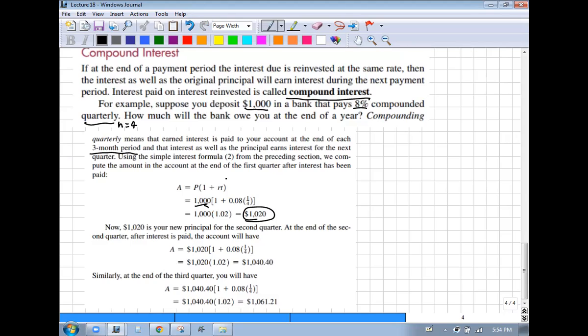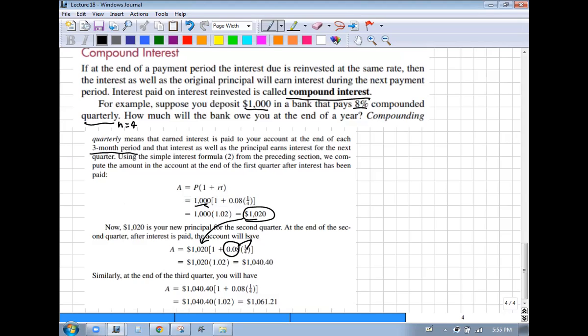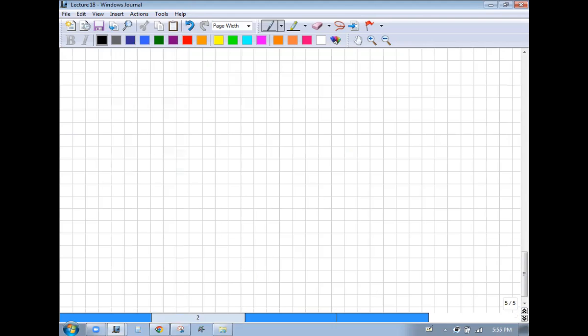Now for the second quarter, this is our new principal. Everything's the same. It's for a quarter of a year, 8%, so we have to take 8% and divide it by 4, because we're doing it 4 times. At the end of the second quarter, we have this much. This is the new principal for the third quarter, right? So all you're doing is the simple interest over and over and over again.